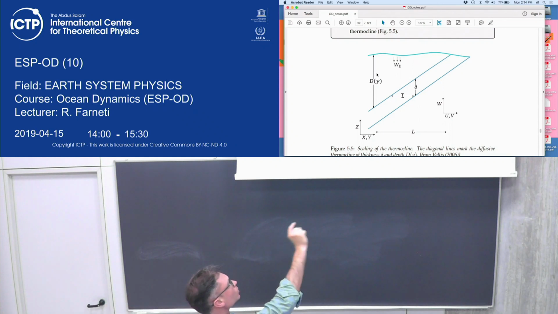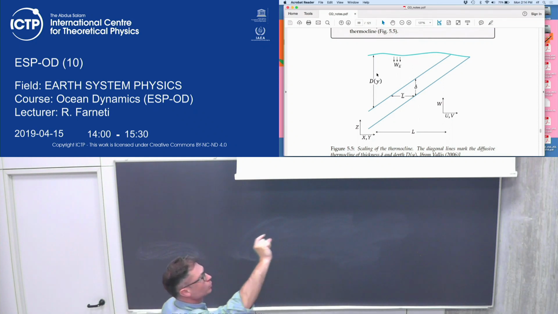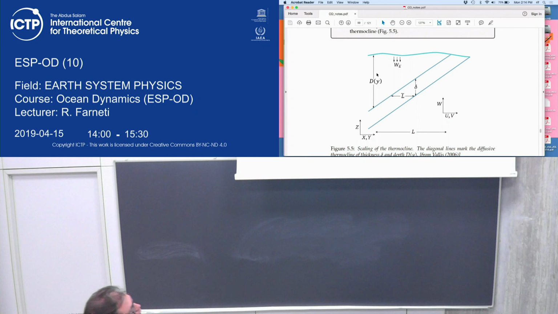And then those two blue isopycnals give you the region where diffusivity is important, the diffusive thermocline delta. Within that delta, diffusivity is important and waters are mixed between the cold water below those blue lines and the warm water above those blue lines.